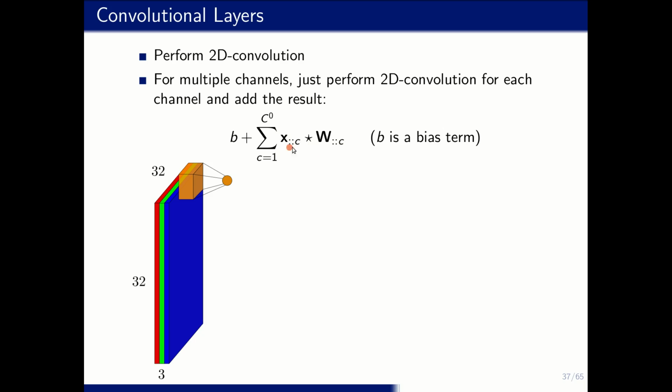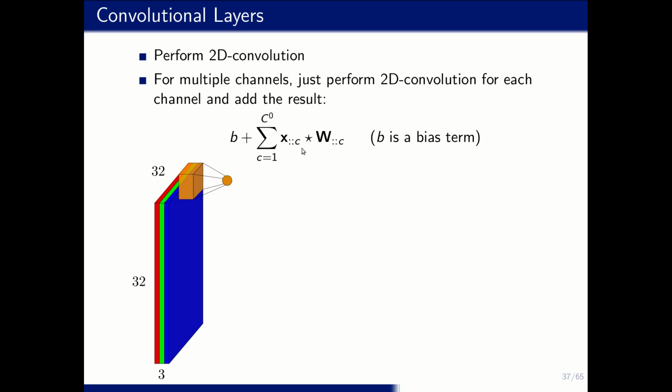This is a 32 times 32 matrix, and this is a 5 times 5 matrix. We're iterating over channels and applying convolution to each channel independently, and then we are just adding the result. Each of these terms will be a matrix, and we're just adding these matrices.